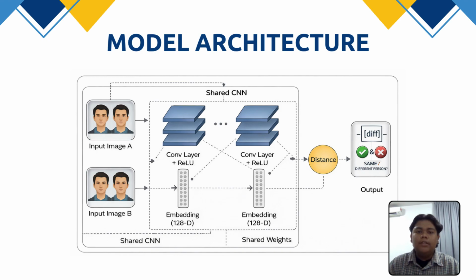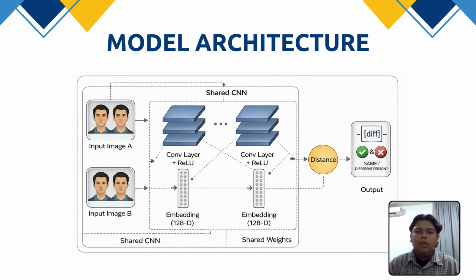After the feature extraction, each image is converted into a 128-dimensional embedding, which is a vector of numbers that represents the key characteristics of the face. Because both images use the same network, the features are learned in a consistent way.